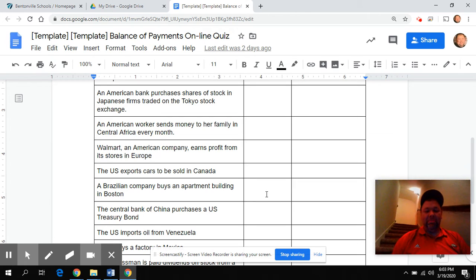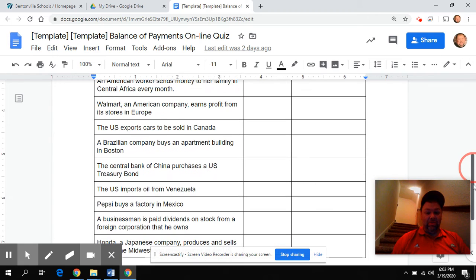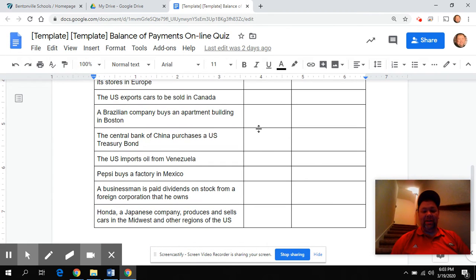A Brazilian company buys an apartment building in Boston. That's also a credit because the money's coming into the United States, but it is a financial account because it's the initial purchase of the apartment building. If it said the money they make from the apartment buildings, then it would have been current. Central Bank of China buys U.S. Treasury bonds: credit, financial, bond.